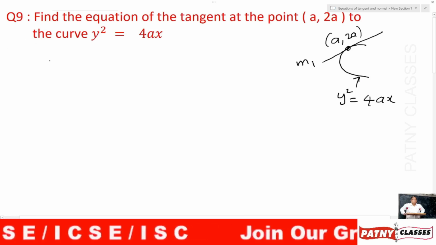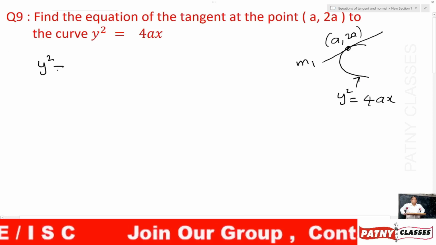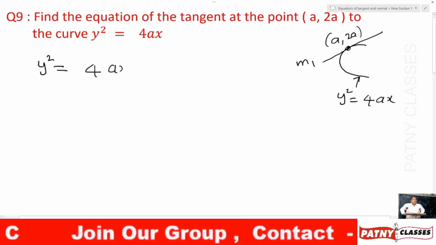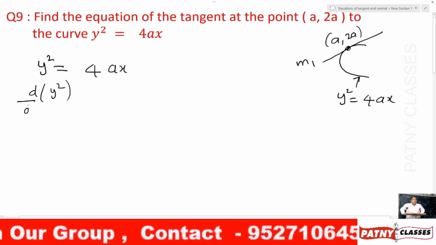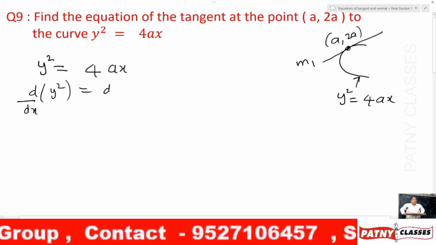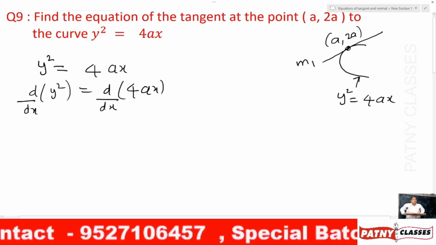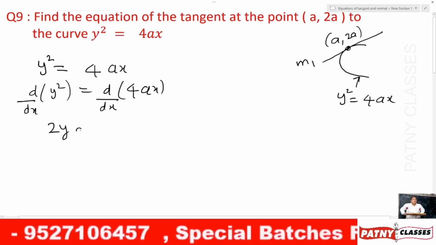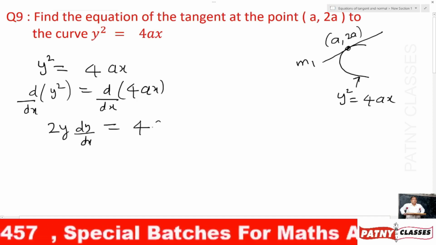To get the slope of tangent I require dy by dx as usual. So doing derivative both sides, derivative of y square equals derivative of 4ax with respect to x. So derivative of y square is 2y dy by dx, equals 4a.